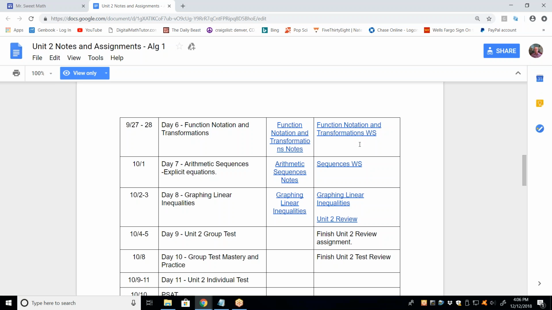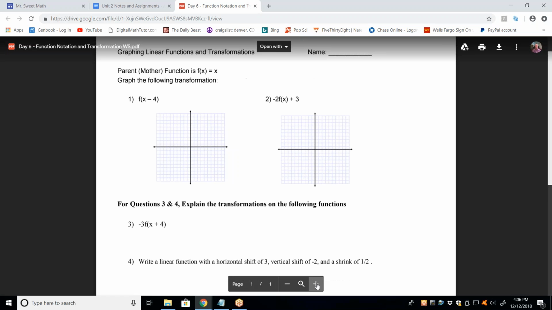Yeah, the one on the right. Not the notes, but the homework or the problem. Make sure I got this recorded. Blow it up a little bit. All right.